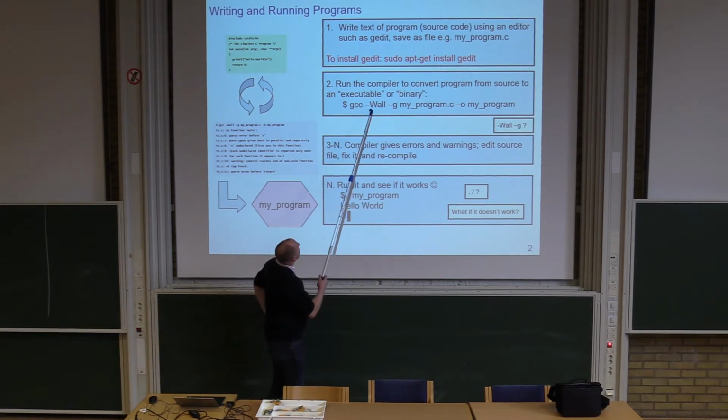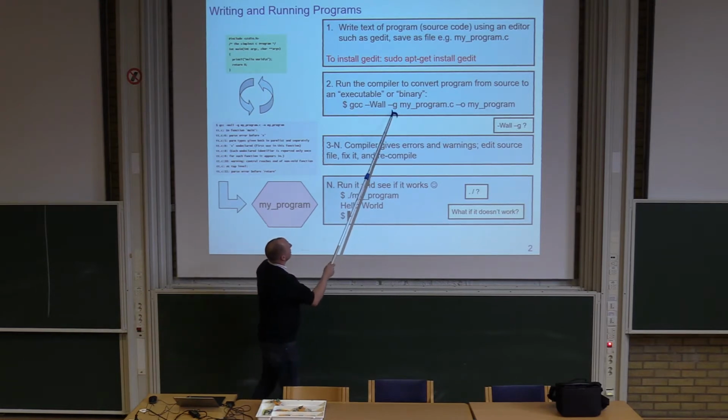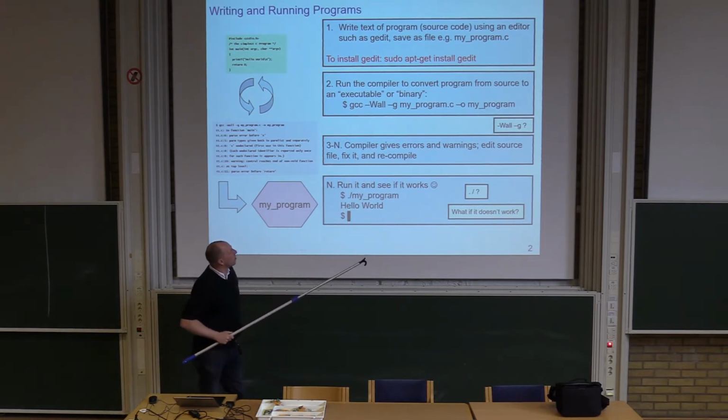Then you have some other arguments. -Wall enables all the warnings that the compiler can give, which can be good, especially if you're inexperienced, to catch mistakes that are easy to make in C. And -g means that you include all the debugging information as well, which might be good if you would like to debug your program.